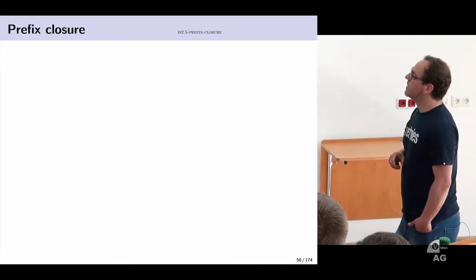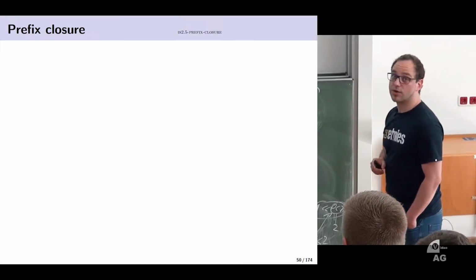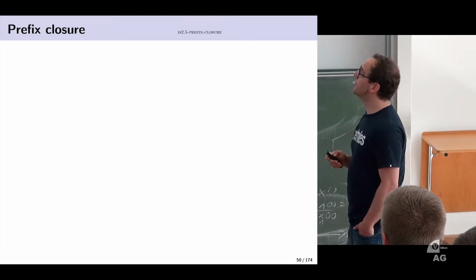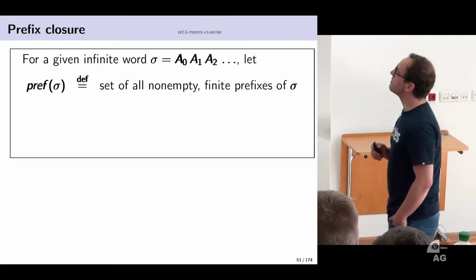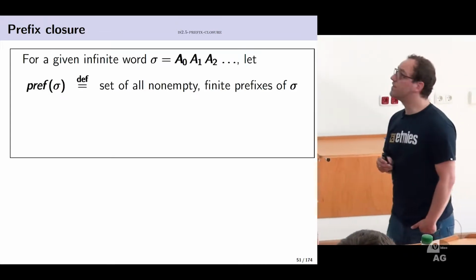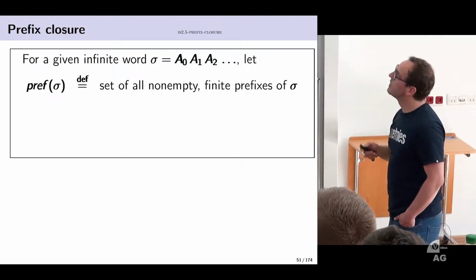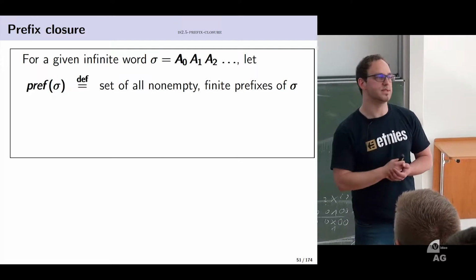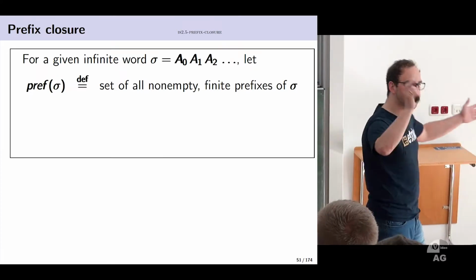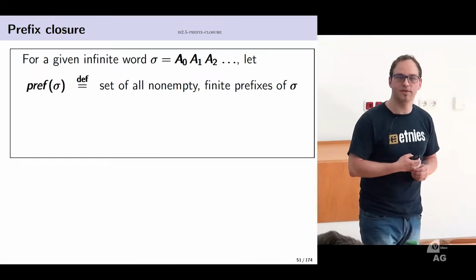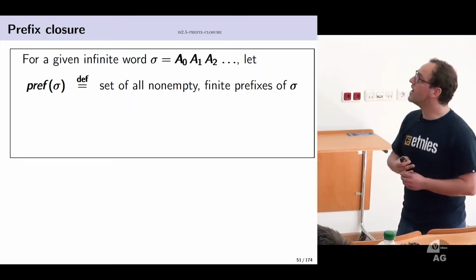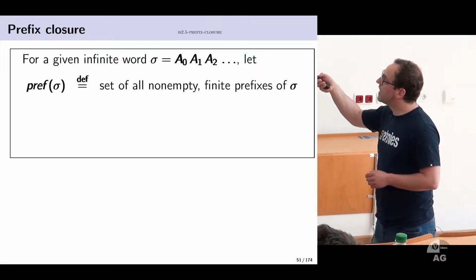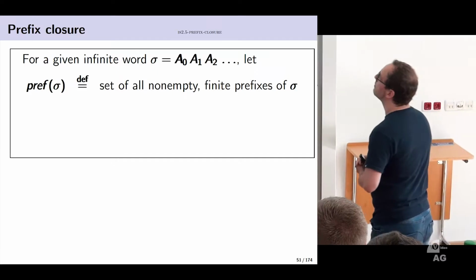Let's come to the prefix closure. This is going to be an important notion in this lecture. If you have an infinite word, sigma, then we define pref of sigma to be all finite prefixes. So you take that infinite word and you chop it off at some point in time. Then you obtain a finite word, and all those finite words are contained in pref of sigma.